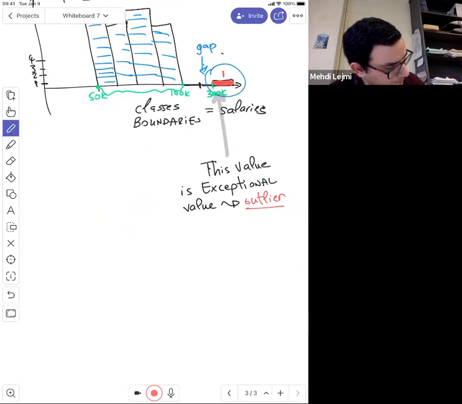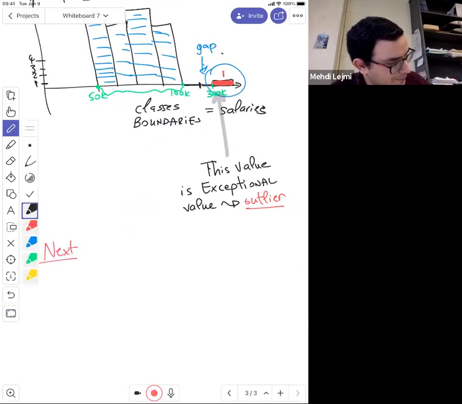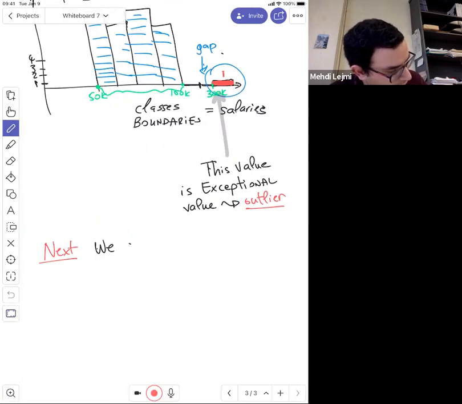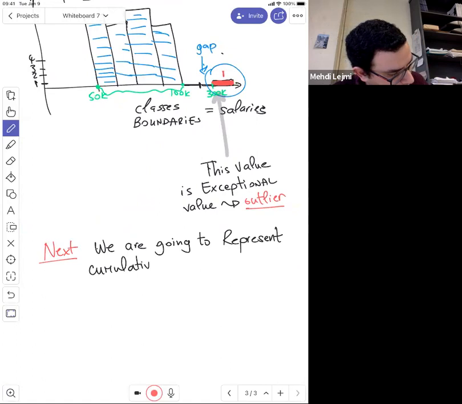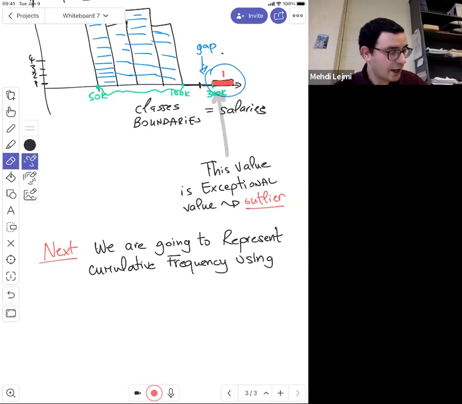So next, we are going to represent cumulative frequency using what I call ogives.